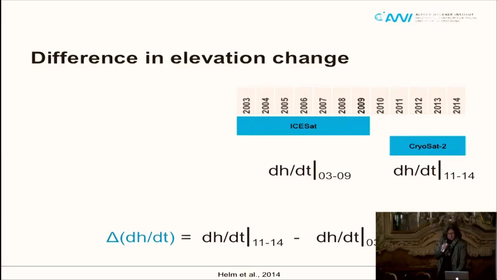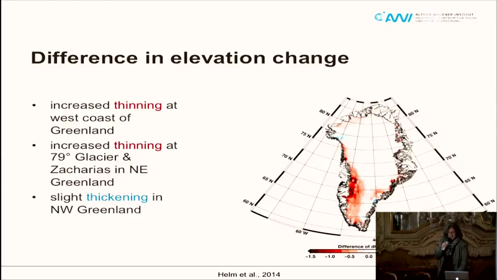And that's really drastic, because if you look at the elevation change over the years in the period from 2003 to 2009 and 2011 to 2014, you see a very pronounced area in the southwest, which is due to the acceleration of glaciers like the Jakobshavn Isbræ, and it started to come further to the northeast. So that's a change in the whole pattern.